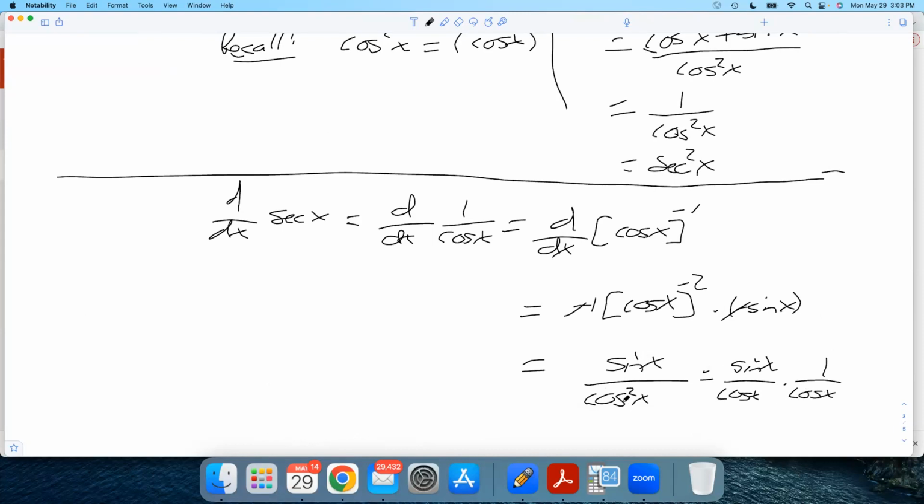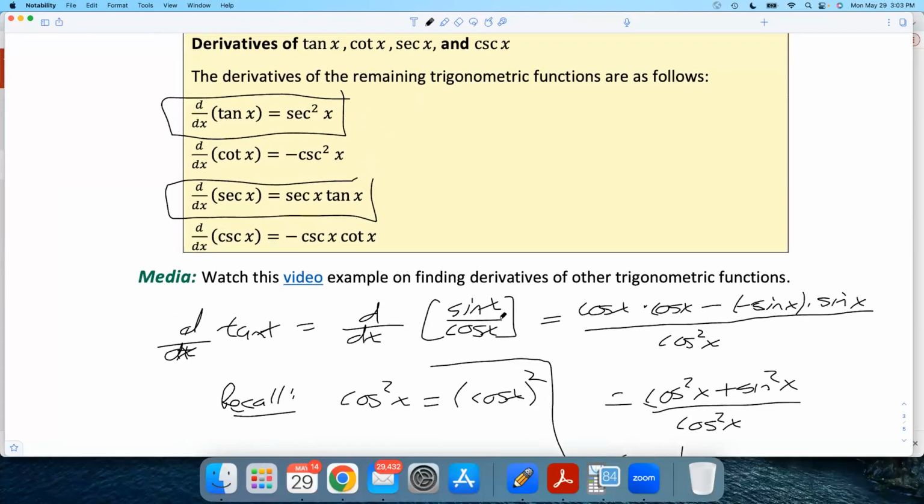So I could split this cosine squared into two separate cosines multiplied. Hey, that's tangent there. And 1 over cosine is secant. So we have now proven the derivative of secant is tangent secant. Or secant tangent. You can write it either way.